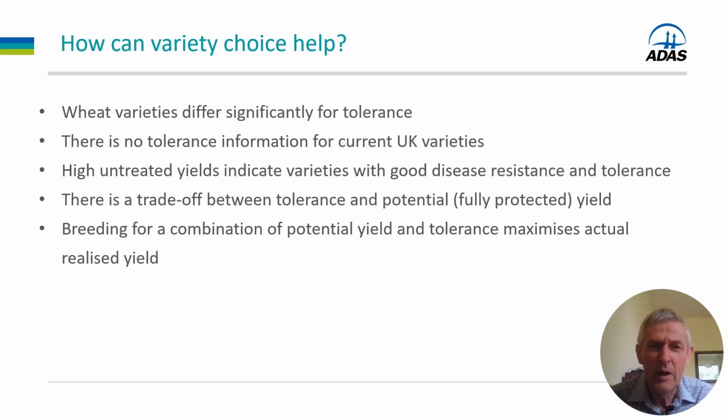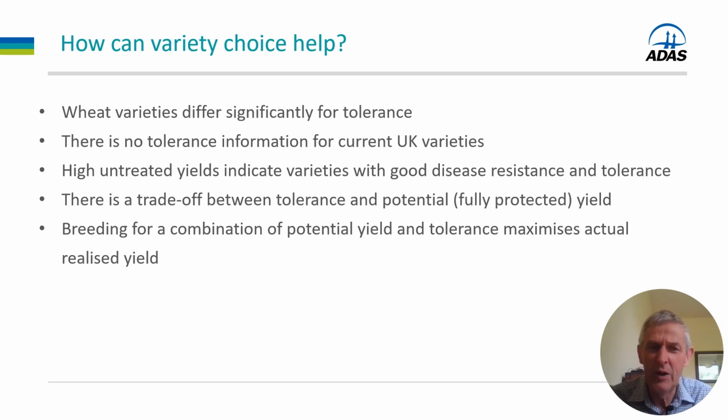So what can we conclude? Well, wheat varieties differ significantly for tolerance. There is unfortunately no tolerance information directly for current UK varieties, but high untreated yields indicate varieties with good disease resistance and tolerance.